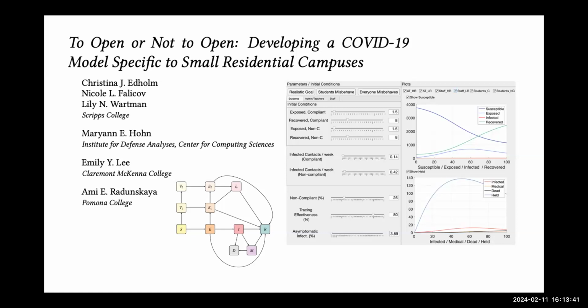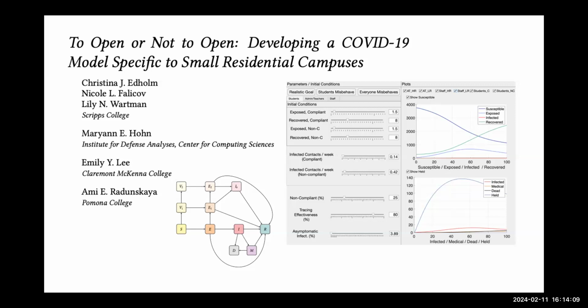And the first paper, entitled To Open or Not Open, Developing a COVID-19 Model Specific to Small Residential Campuses, authors Ed Hall and colleagues discuss a real-time project to help administrators at their colleges decide whether to reopen their campuses in the fall of 2021, where a key element at the time was the introduction of vaccines.